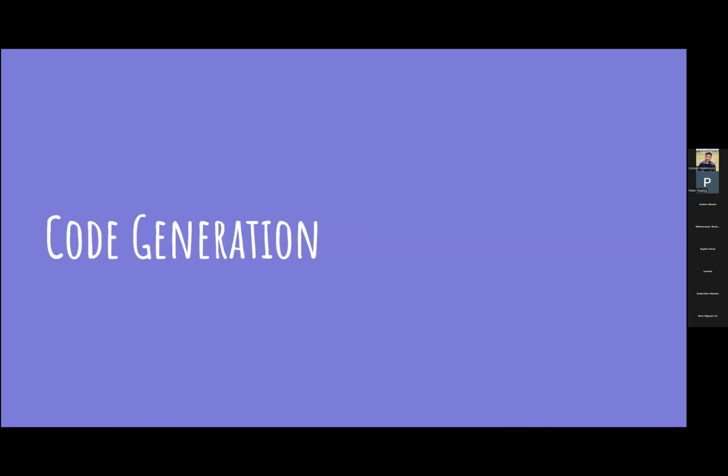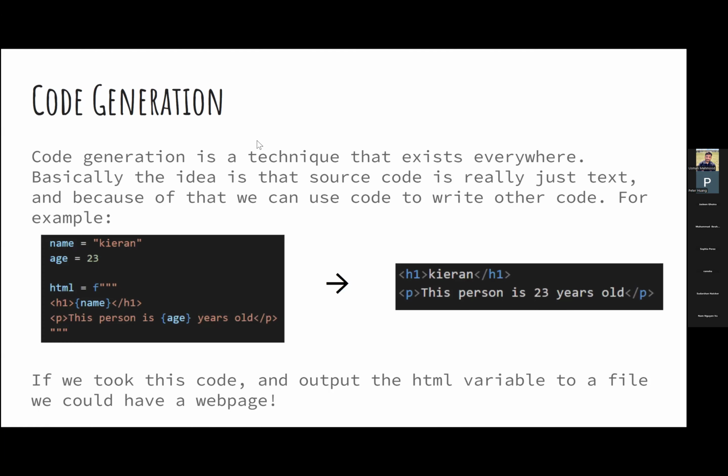Code generation is essentially a technique that exists everywhere. It's the idea that source code is just really text, and because of that, we can write code to write other code. In this example, we have a name, age, and an HTML component shown here.